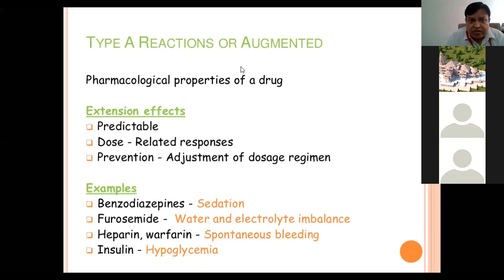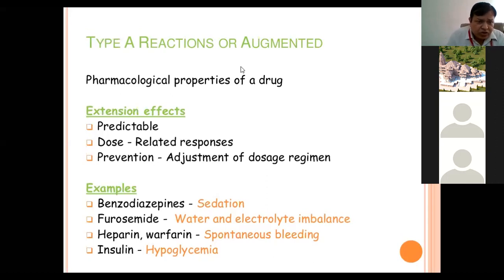It is an extension of the pharmacological properties of the drug, a predictable dose related response, well known side effects, with prevention and adjustment of dose regimen or your prescription.